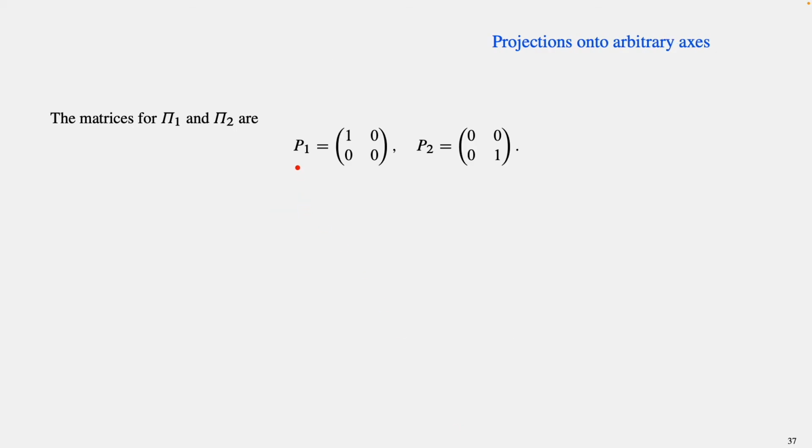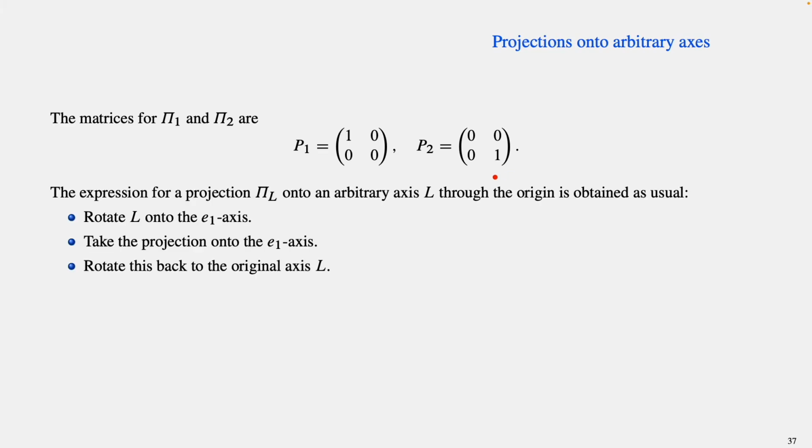And we can easily write down the matrices for these projections. So for the projection on the first coordinate axis, we simply have the matrix P1 with entries 1, 0, 0, 0. And for the projection on the second coordinate axis, we have the matrix 0, 0, 0, 1. Now, if we want to project onto an arbitrary axis, we do our usual change of coordinate game.